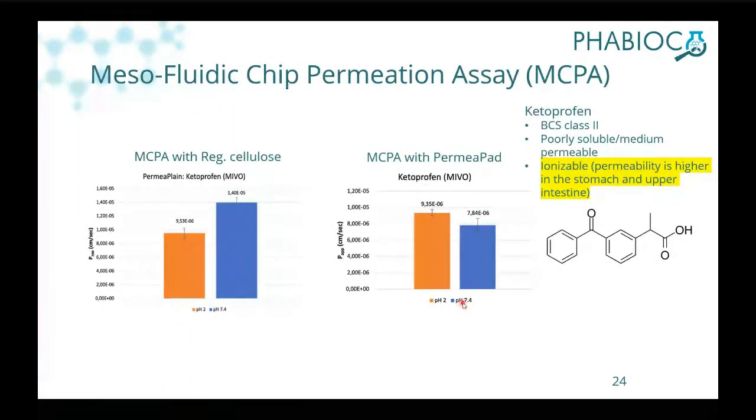So the permeability at pH 7.4 was lower than at acidic pH, and this is according to the literature, where this class of drugs is absorbed nicely in the stomach and in the upper intestine. So this is also an interesting approach, but that I would anyway classify into the dissolution permeation setups.